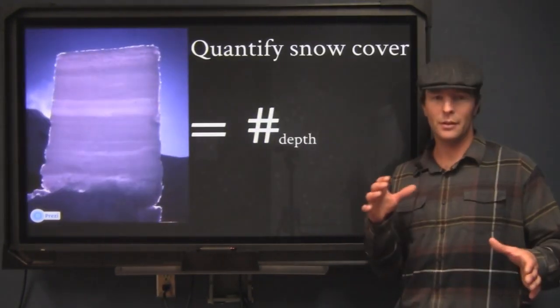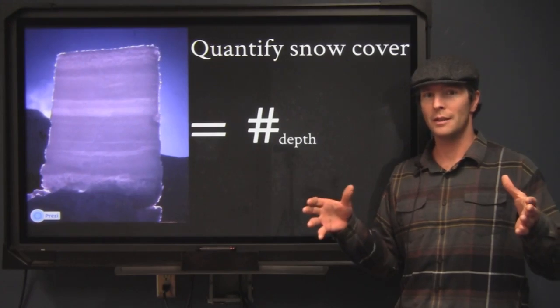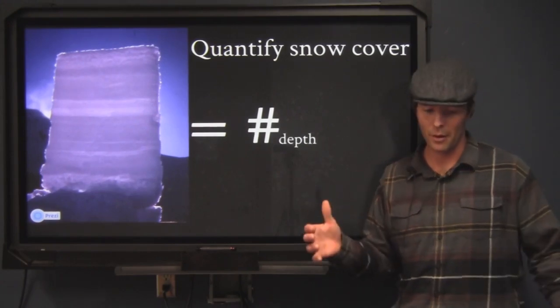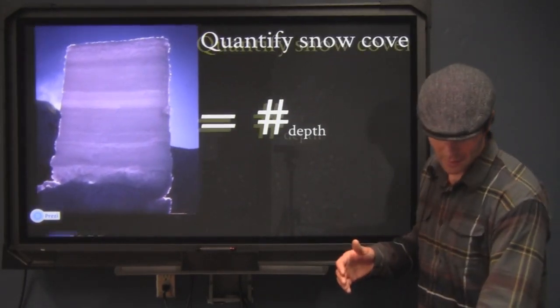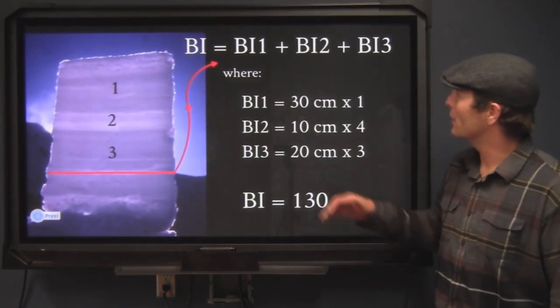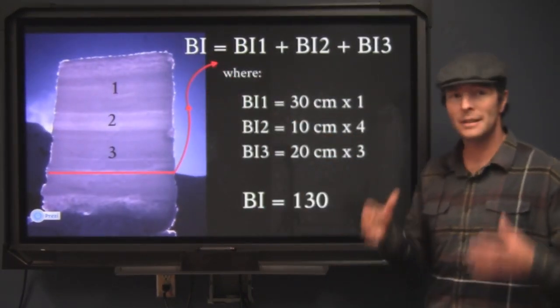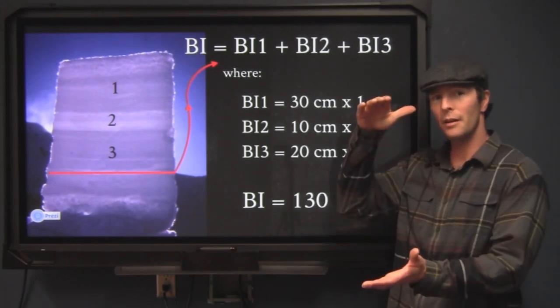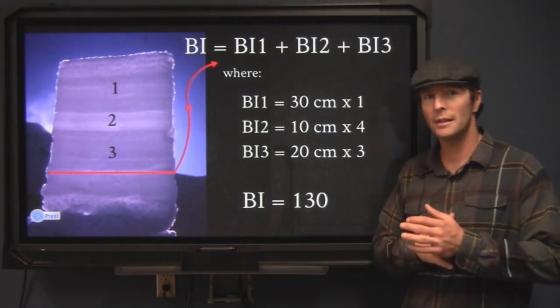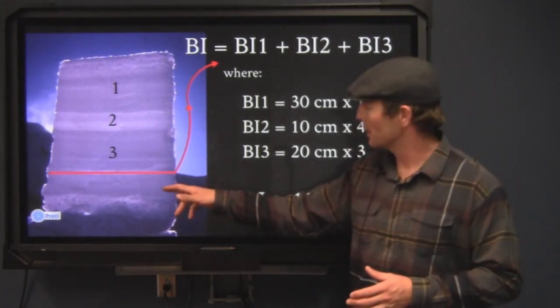So the first thing we needed to do was turn the snowpack into a number, to quantify it. To do that, we use the bridging index, which is simply the thickness of the layer multiplied by its hardness. Here's an example.